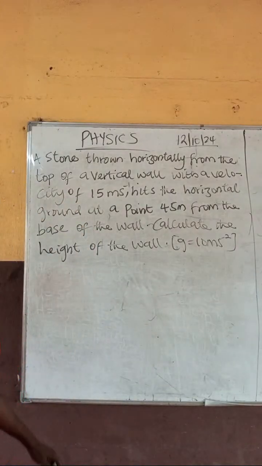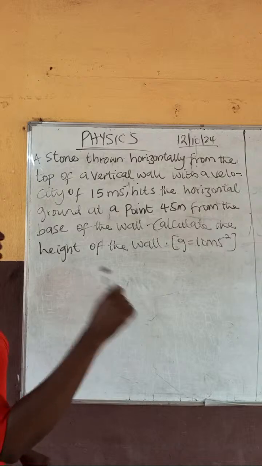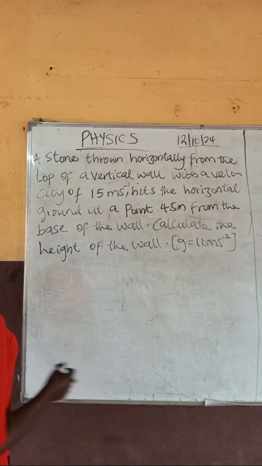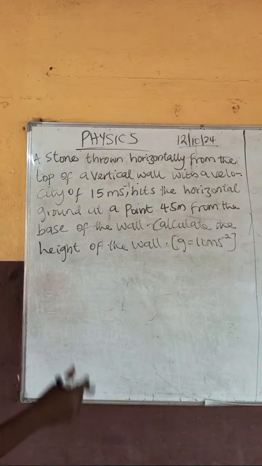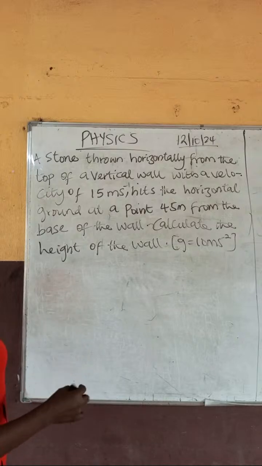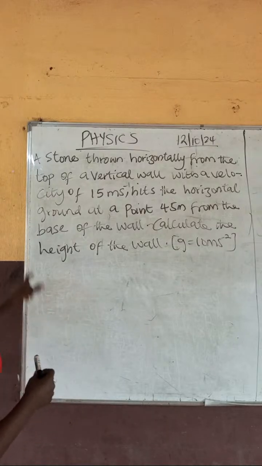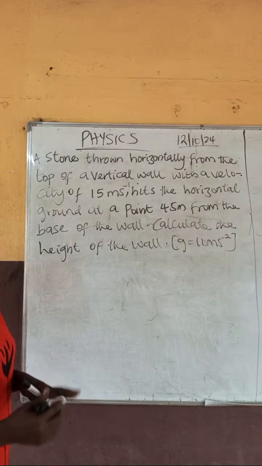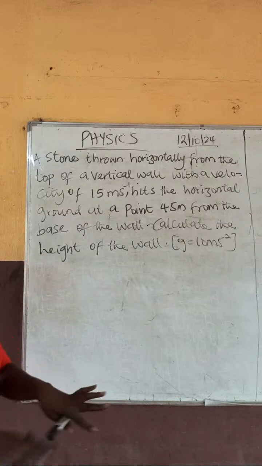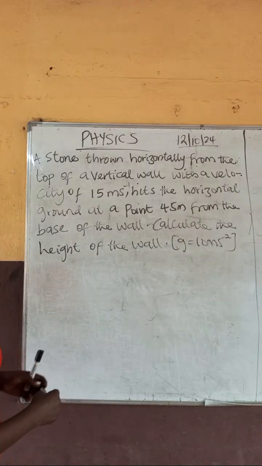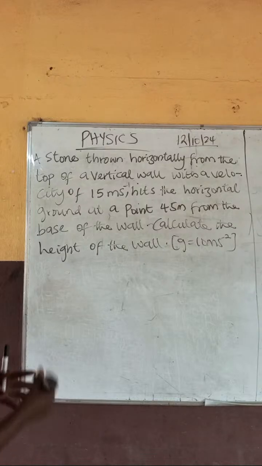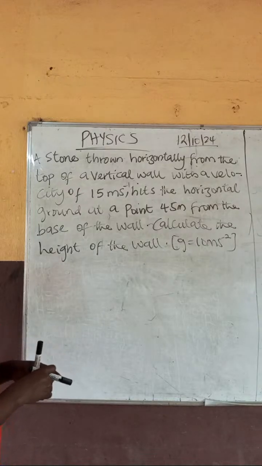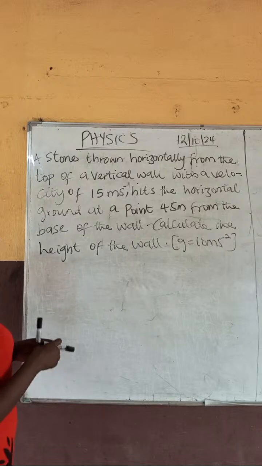With a velocity of 15 meters per second, hit the horizontal ground at a point 45 meters from the base of the wall. The base of the wall means the horizontal ground. Calculate the height of the wall, and g is given as 10 meters per second squared.